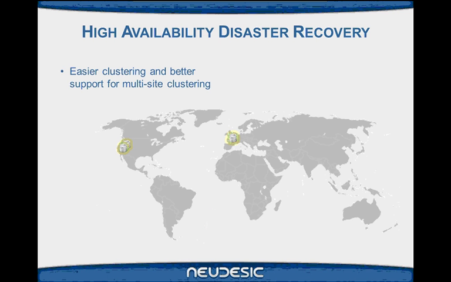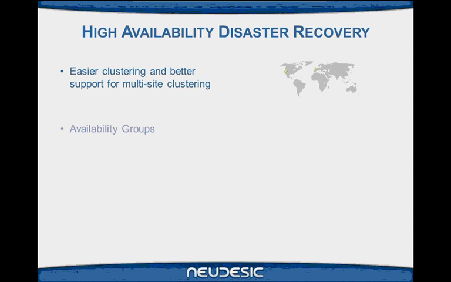Now, high availability and disaster recovery. We have easier clustering and better support for multi-site clustering. For instance, if you have a cluster that's going down in the U.S. due to an earthquake or tornado or a power outage, your other version of that could pick up in France and take over. You also have availability groups.